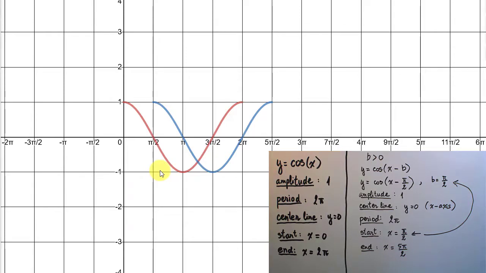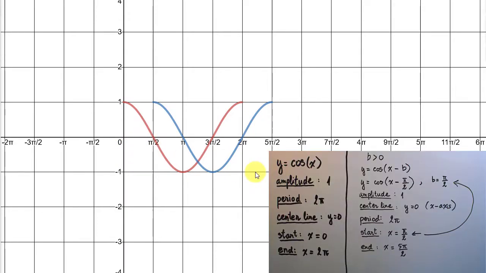And then in the end, as an entire picture, the graph in blue, which represents the base unit of our cosine of x minus pi over 2, is exactly the graph of the original cosine of x, but shifted to the right by a horizontal distance of pi over 2.